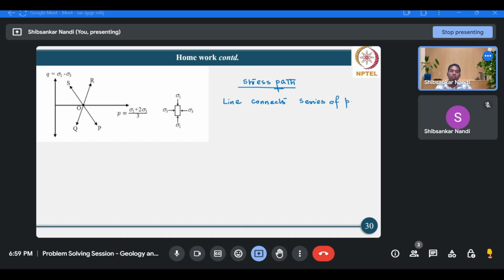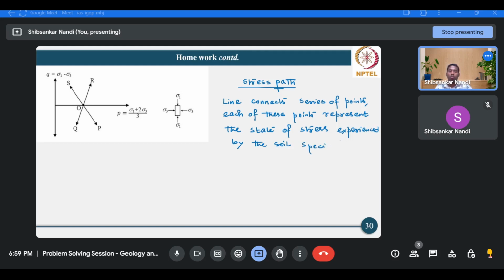Each of these points represents the state of stress experienced by the soil specimen during the progress of the test. So this is the stress path.